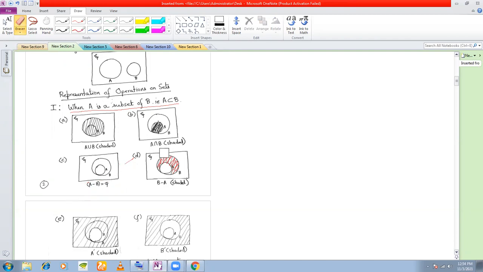So the question that you will get in your question paper will be like this. Represent, let's say, if A is a subset of B, then represent the following sets.